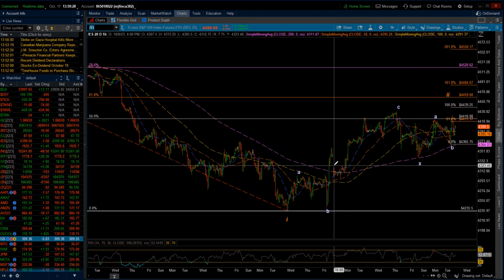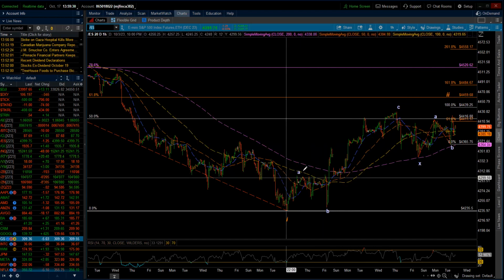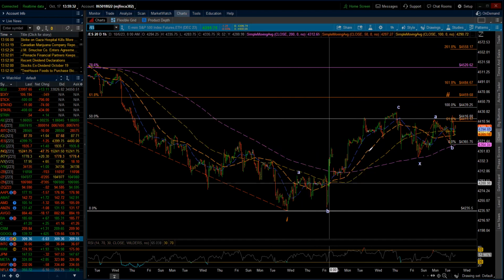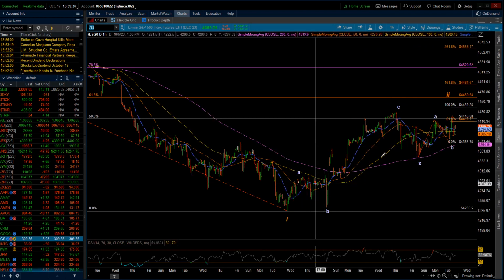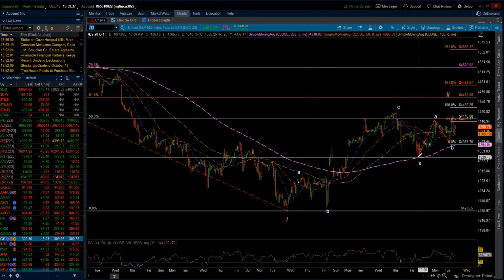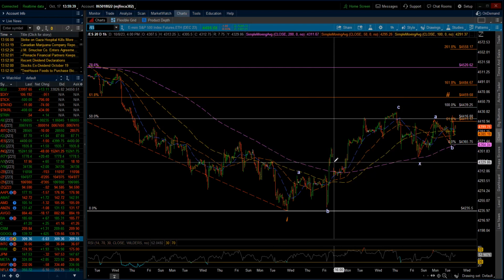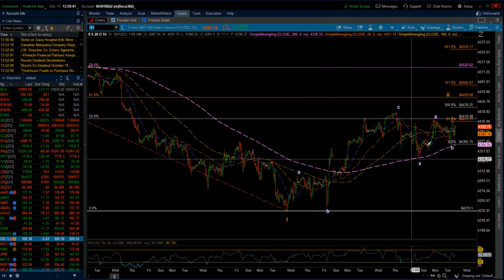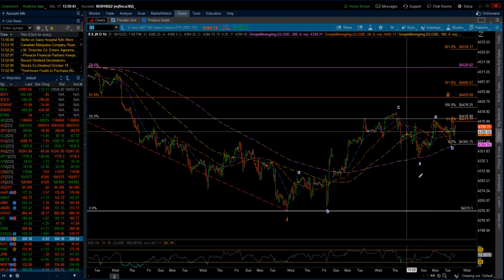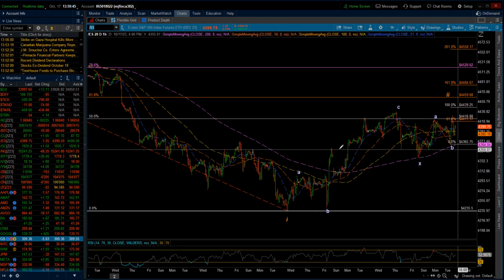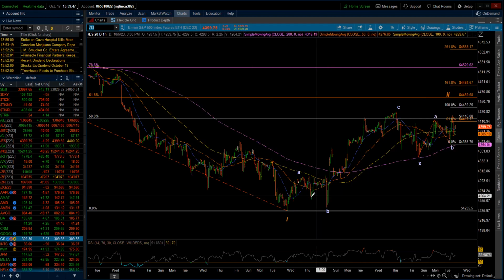So even if I was trying to count this as the A and the B, with all of this being the C wave, what would have ended up being down here overlapped. And then this ends up being 3. A lot of things just knock things out, and you just move on to the next possibility.